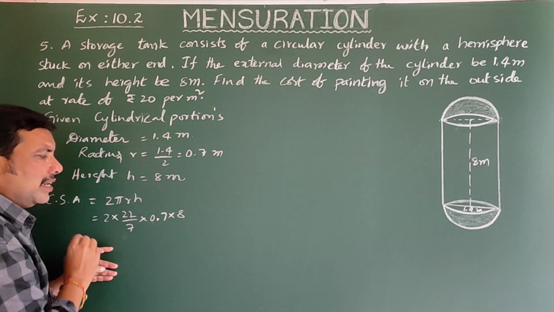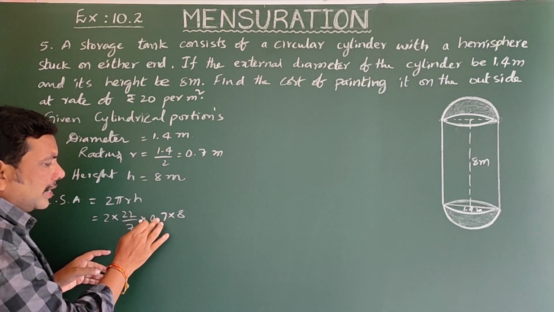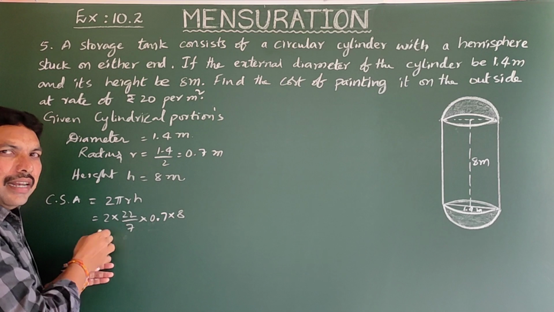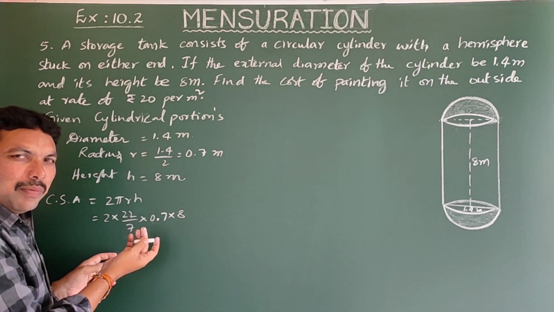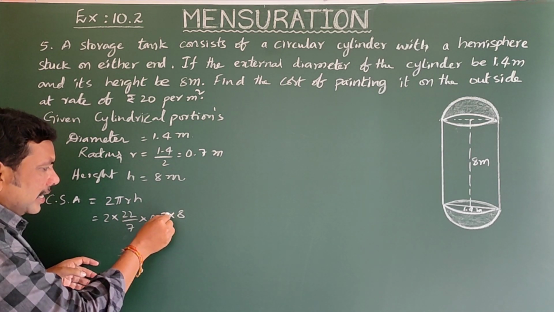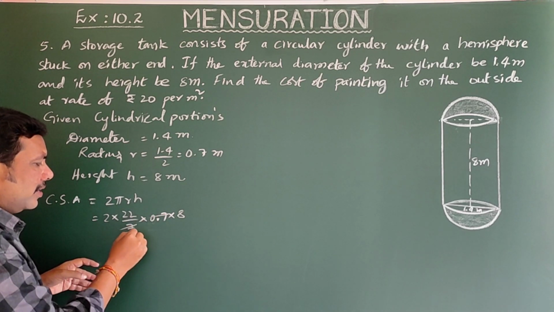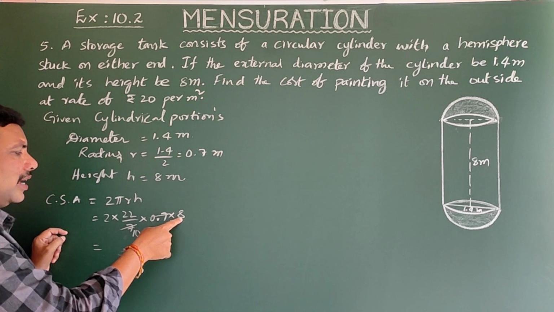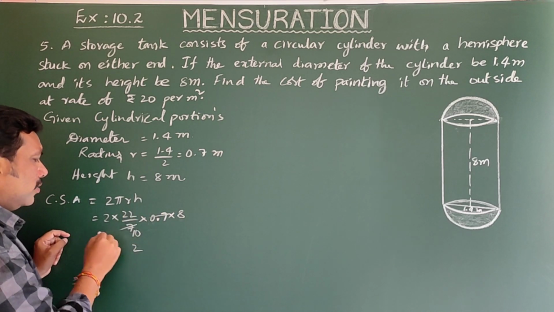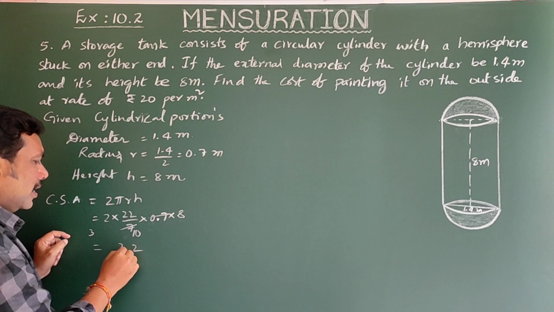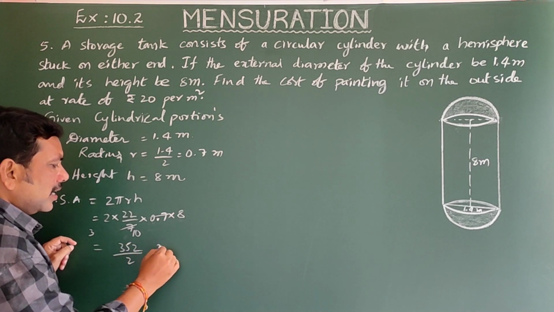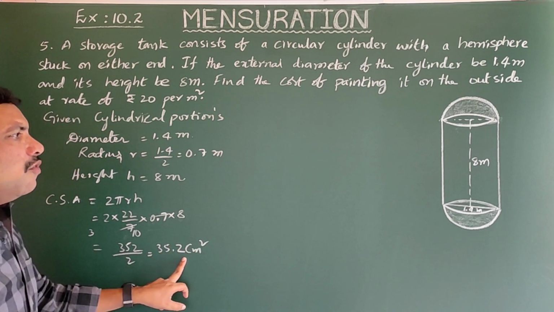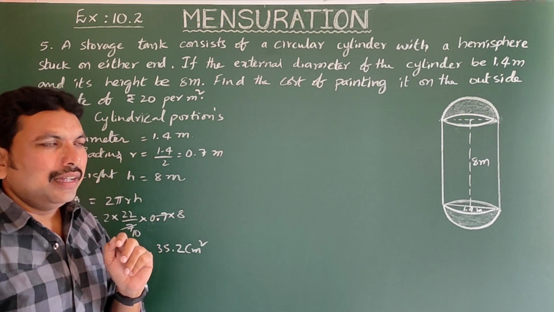Here 0.7 is there, so otherwise write this one as 7 by 10. 7 gets cancelled, the remaining part in the denominator, 10 will be there. 2 8s are 16, 16 2s are 32, so 35.2 meter square. What is this? The CSA of the cylindrical portion, right?